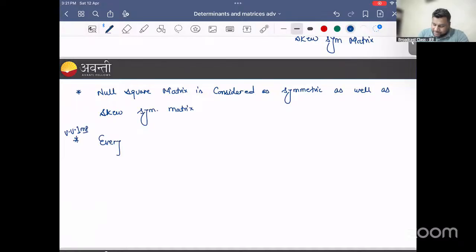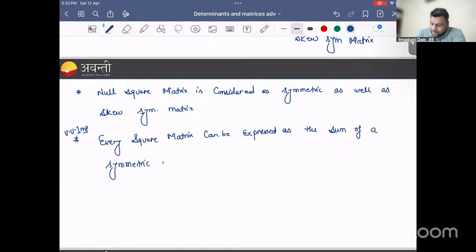Another very important point, every square matrix can be expressed as the sum of a symmetric as well as skew symmetric matrix.